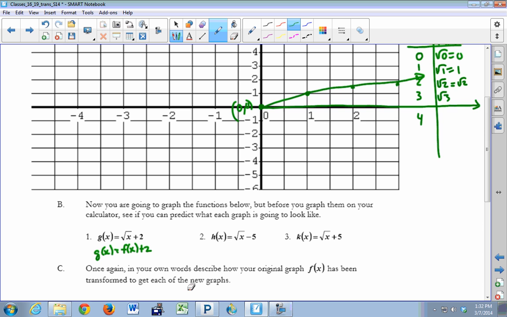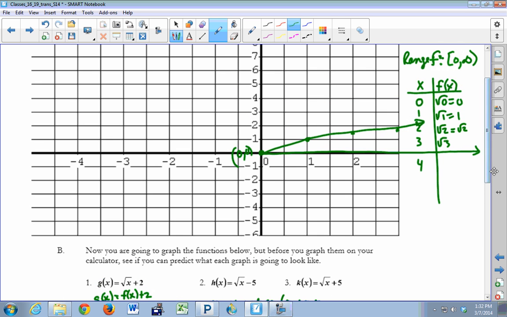So that essentially adds 2 to all of the y values, or the outputs. So if I go to my original function and add 2 to my output, then (0, 0) now becomes (0, 2). So let's make that red. (0, 2). (1, 1) now becomes (1, 3).